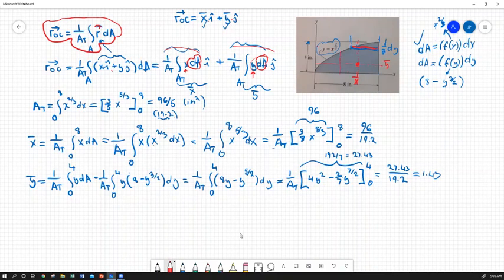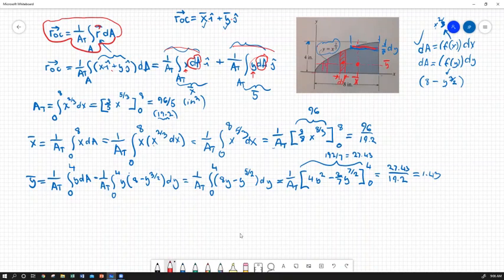If you can't write a function in terms of each variable being the independent variable, you can take a strip, say we couldn't write y in terms of x like we did here. You can define a strip, write an expression for the centroid of that strip, and then average the centroids of all the strips up over x.